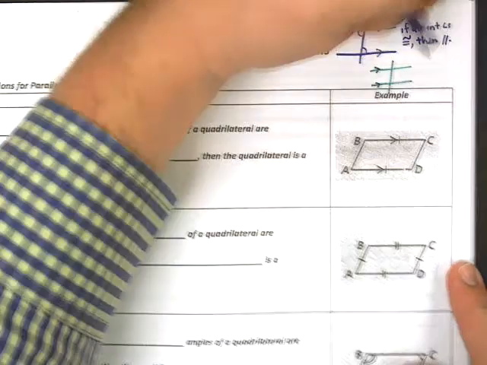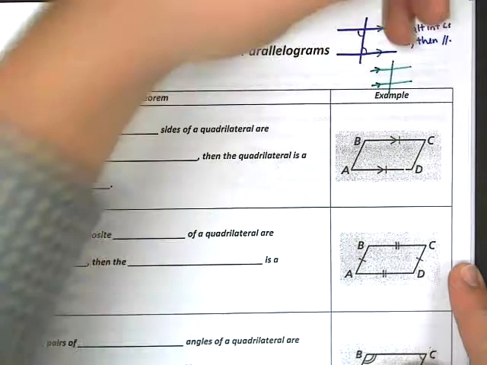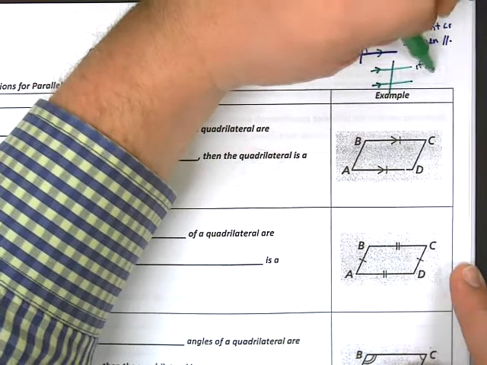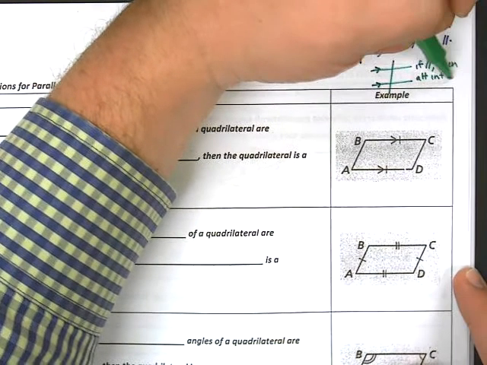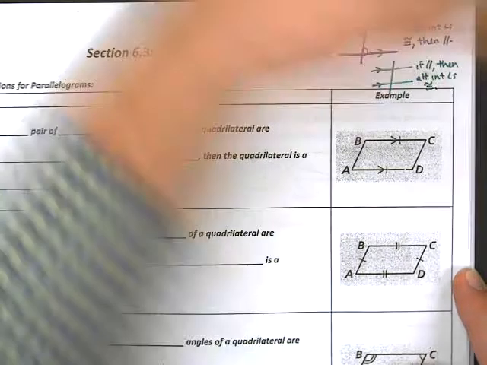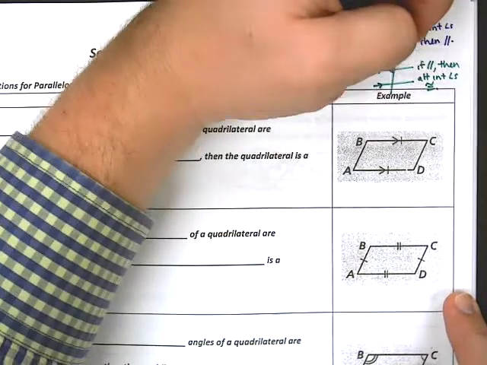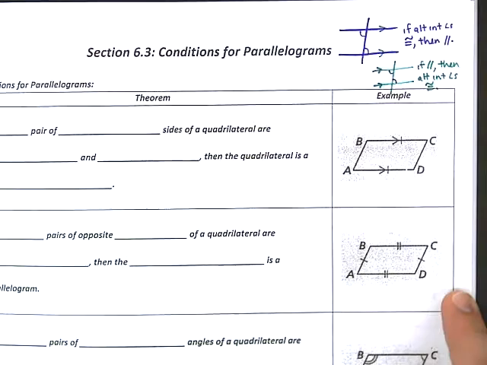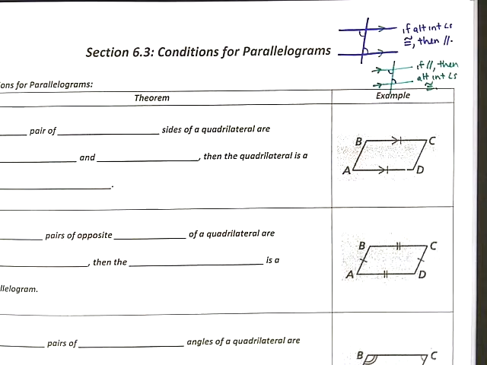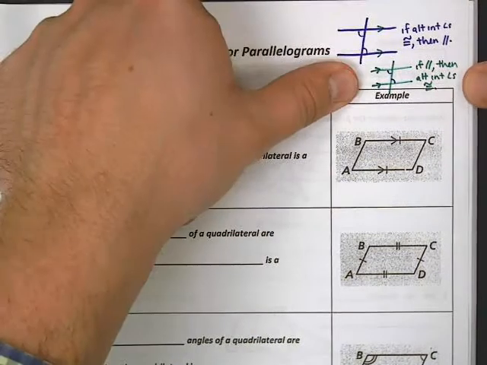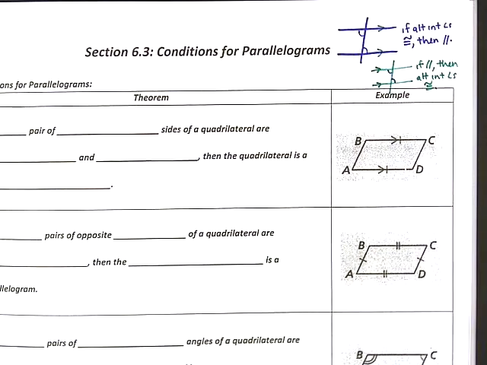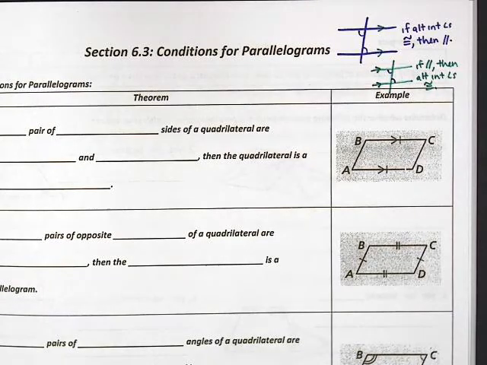Well, now I can say, if parallel, then alt int angles congruent. So I was able to mark these angles now as being congruent. So I don't know if you remember that, but it's like you go one way and it works the opposite as well. And what I'm here to tell you today is that it's the same thing with parallelograms, okay? At least for 4 of them.